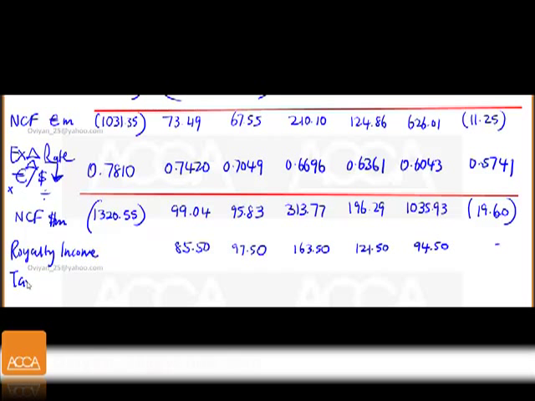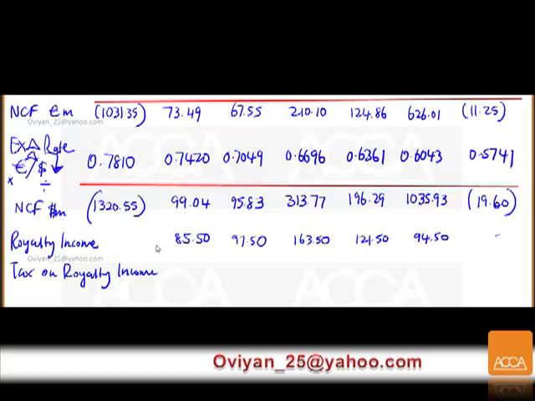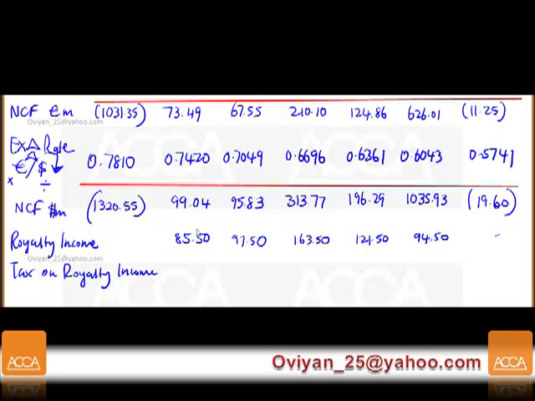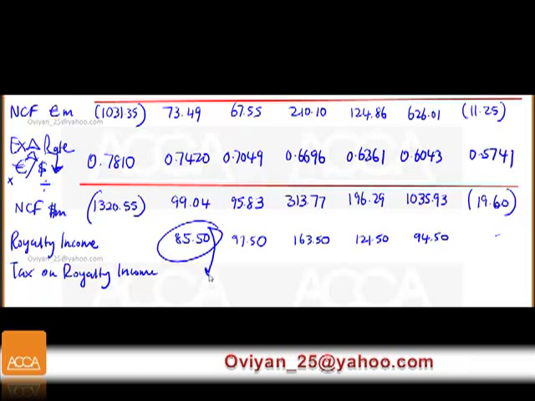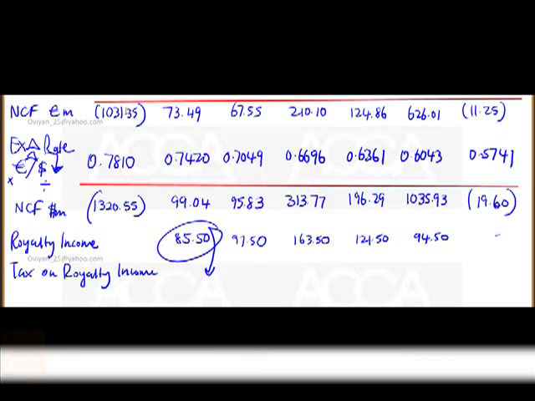So this is tax on that royalty income, so you're going to take 25%. This tax on income is not given anywhere in the material. You have to know that if you are going to treat this as an income, you have to pay tax in this country. What country is this? Algeria. So you're going to have 25% on this particular figure.